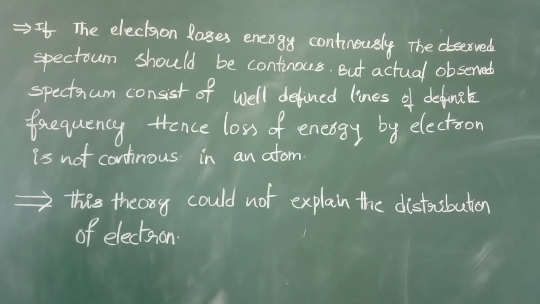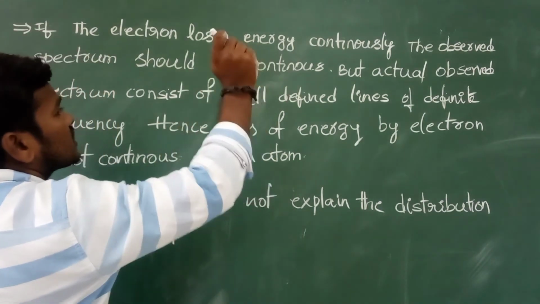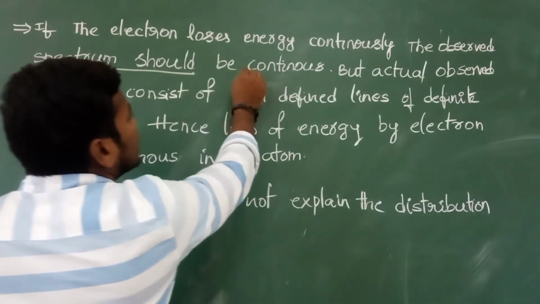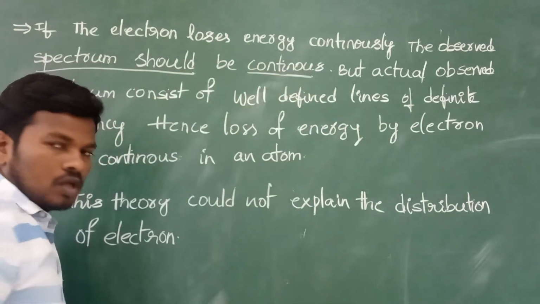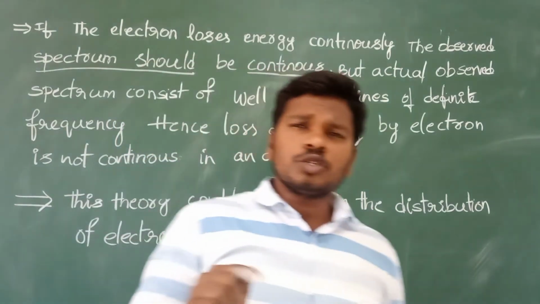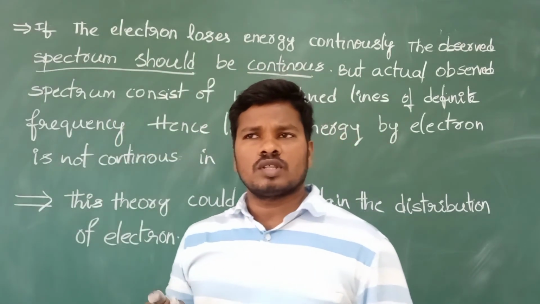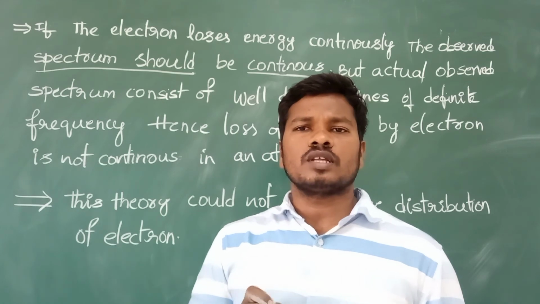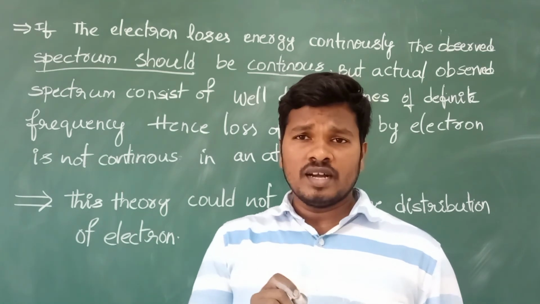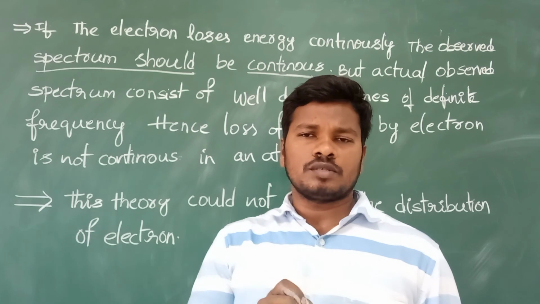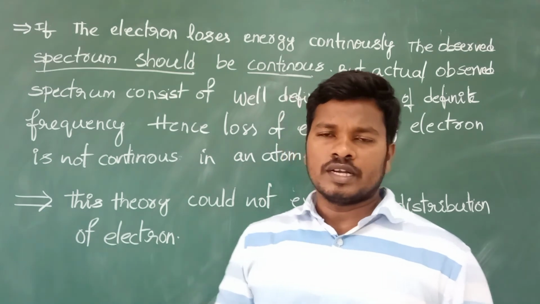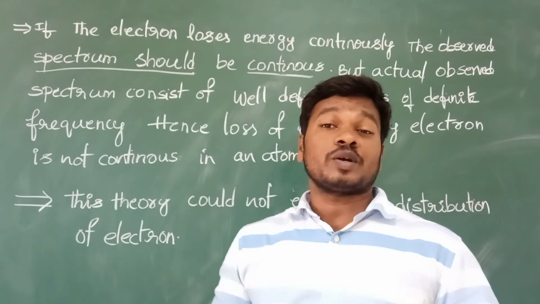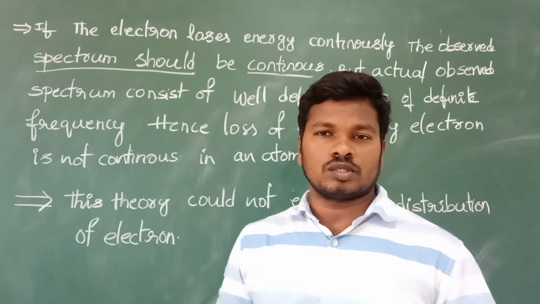See the next drawback. If the electron loses energy continuously, the observed spectrum should be a continuous spectrum. According to Maxwell, Rutherford said that electrons are revolving around the nucleus with a high speed, so they should continuously lose energy. If it loses energy continuously, the spectrum should also be continuous.